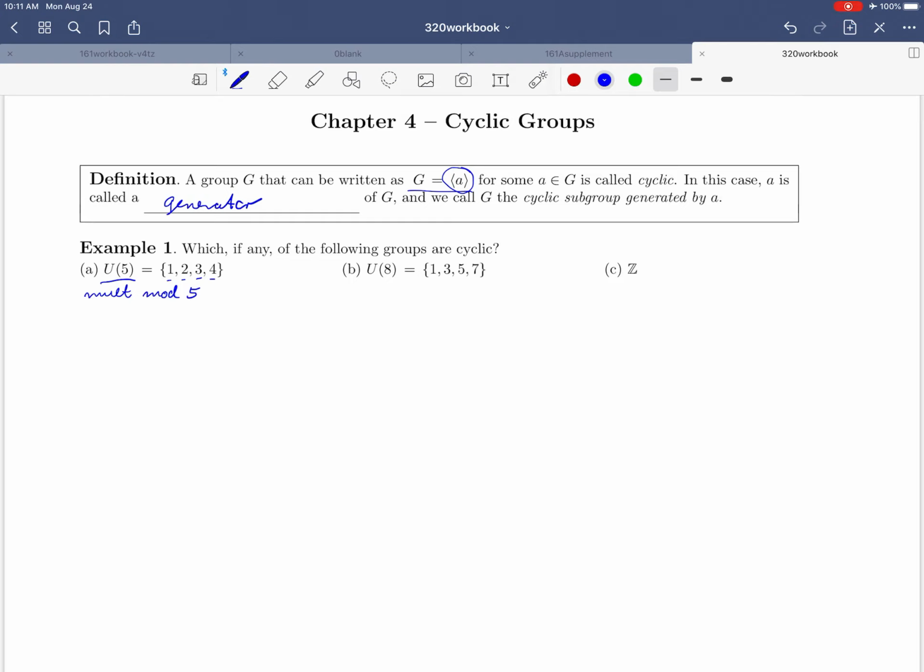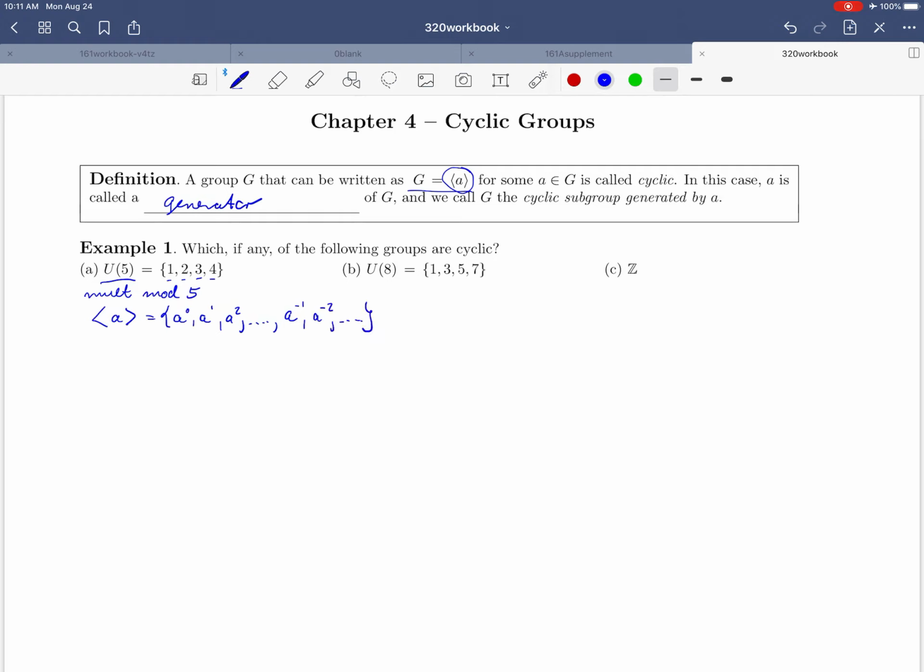Let's see what happens when we take those elements and look at powers of them. If you remember, we have encountered this symbol before, and it was the set of a to the 0, a to the 1, a squared, and so on, and then we also had the negative powers, a to the minus 1, a to the minus 2, and so on.